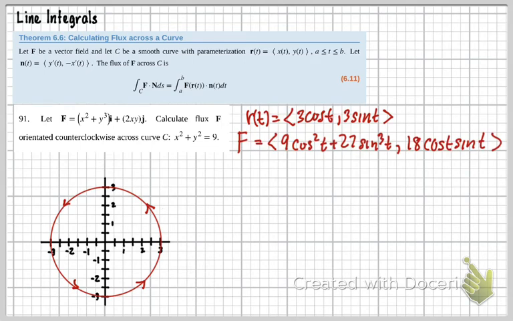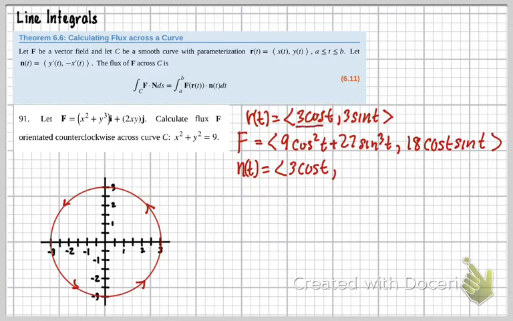Okay, now we need one more piece. We need n of t. So here's our n. The first component for the n is supposed to be y prime t. So that's our second component of our r of t here, and then I have to take the derivative of that, so that's going to be 3 cosine t. Now we're going to look at the second piece here for our n, and that's going to be negative x prime t.